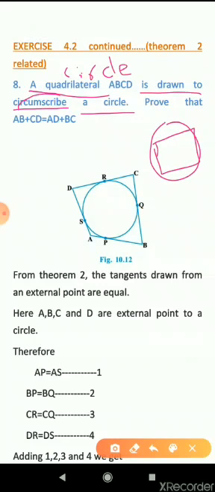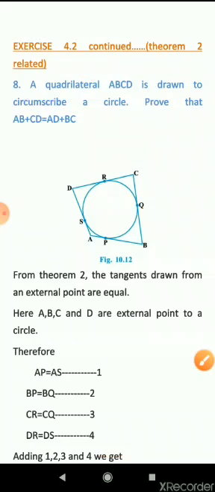A quadrilateral ABCD is drawn to circumscribe a circle means we are drawing a quadrilateral around a circle. But if the question is a circle is drawn to circumscribe a quadrilateral, that means the quadrilateral should be inside the circle, or the circle should be drawn around the quadrilateral.